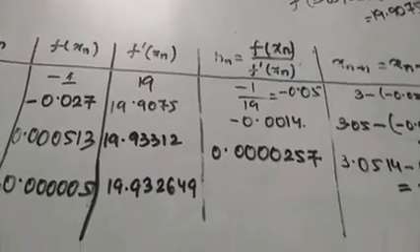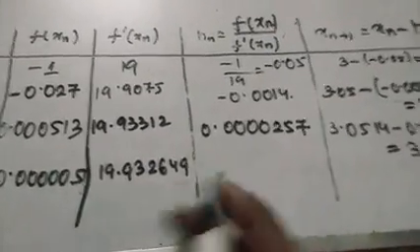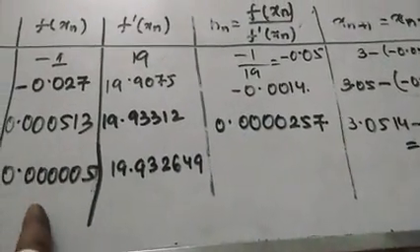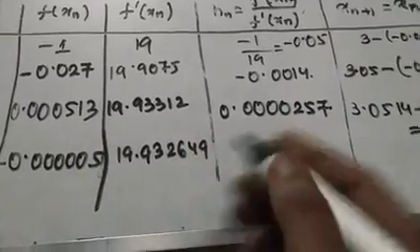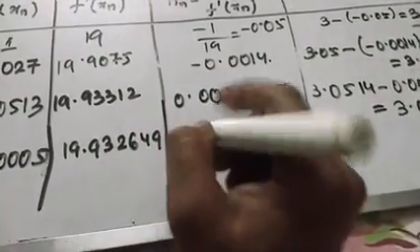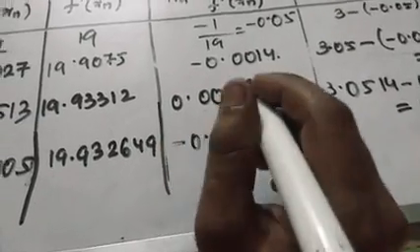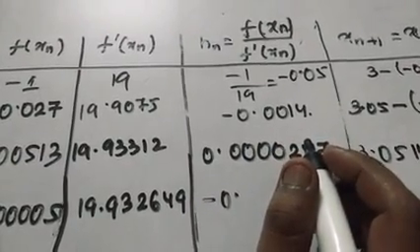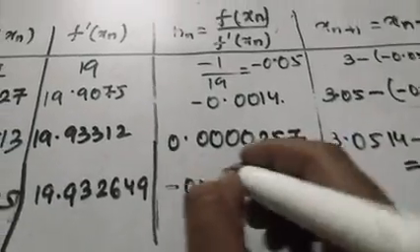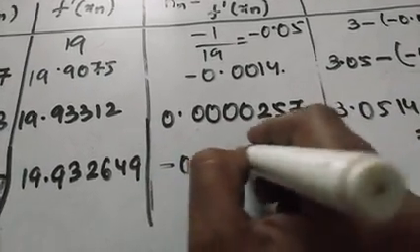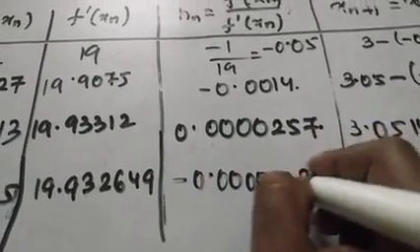And after division, if we divide them, we will get the value as 0 with a total of 6 zeros, then 2 5, and now add them.